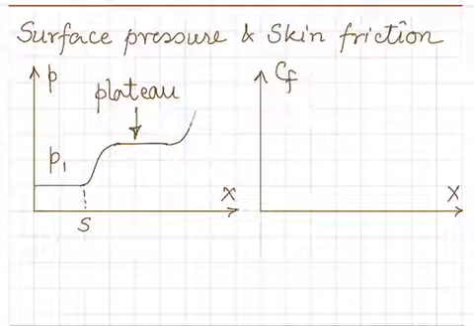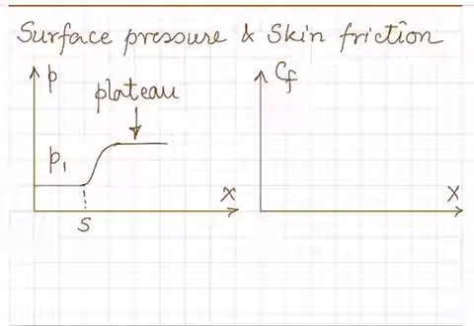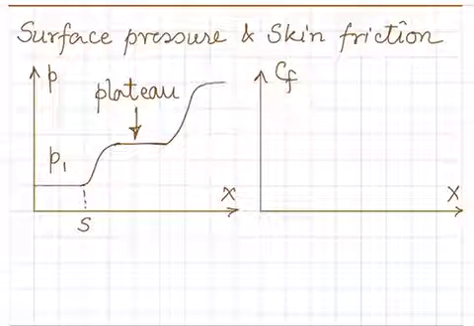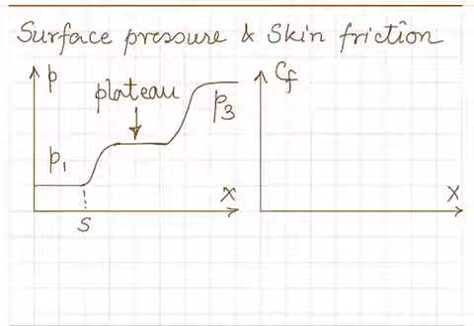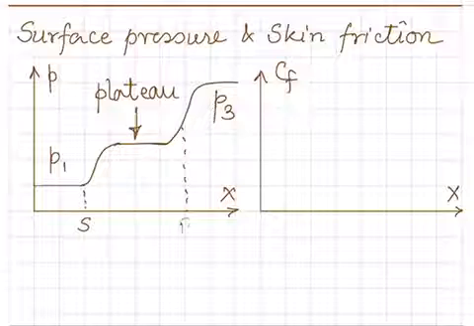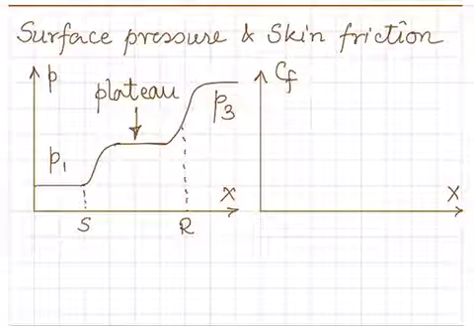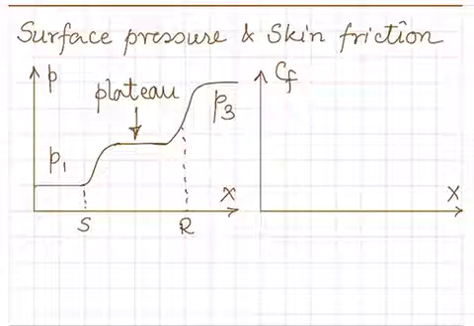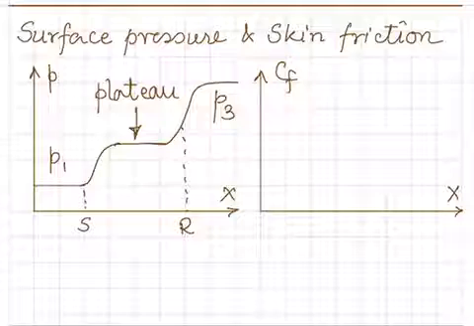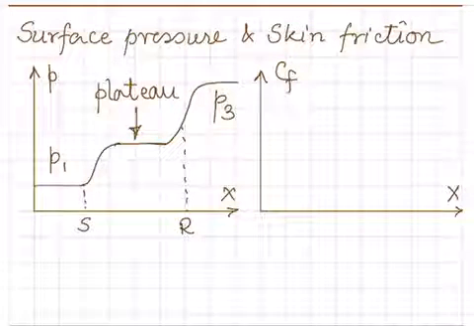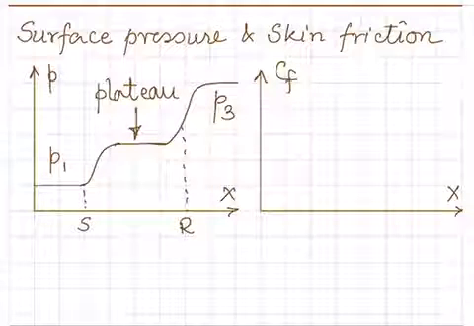And then near the reattachment point, it again increases to reach the higher pressure, P3. Reattachment point is somewhere here. So the pressure plot looks very similar to what we saw earlier for a compression corner. There is a separation shock, there's a reattachment pressure rise, and there's a pressure plateau in between. The only difference compared to the compression corner is it goes from P1 to P3 instead of P1 to P2.